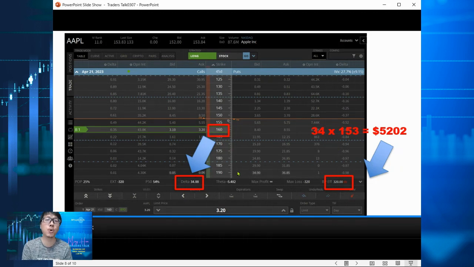If it doesn't go your way fast enough, then you would lose the total money which you put in. So that is one way where we also use delta to plan for capital allocation, return on investments, and risk management.